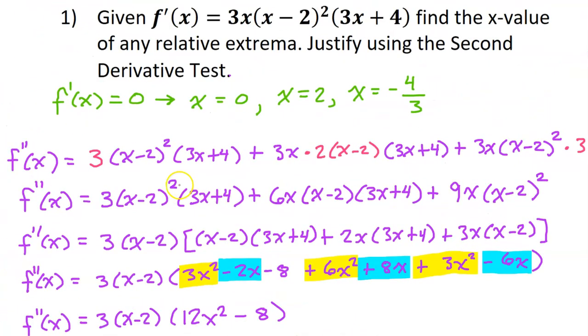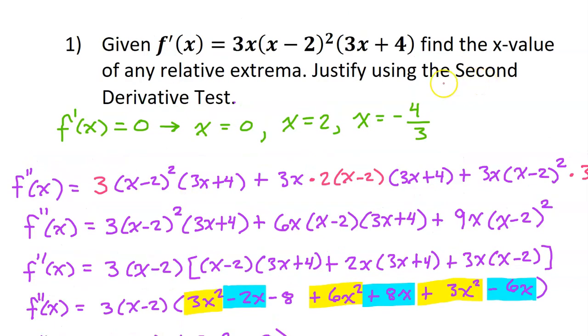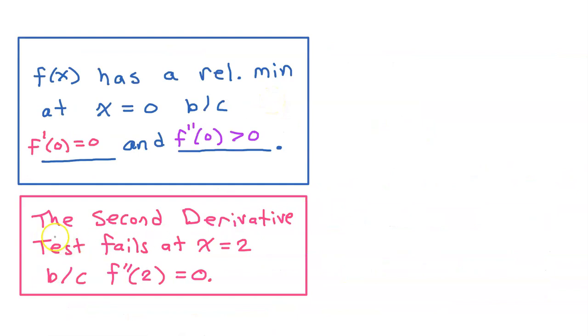But for this problem, the directions specifically said to use the second derivative test. And usually if this were a quiz or something, I might say why the second derivative test fails. So this is what I'm going to do with this value this time. So the second derivative test fails at x equals 2 because f double prime at 2 equals 0.